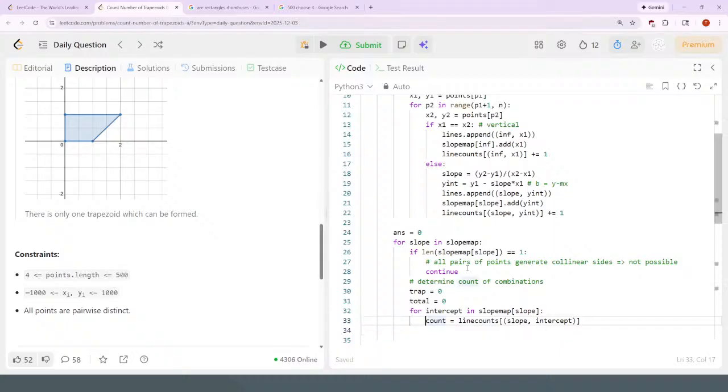So the number of trapezoids formed is going to equal, I guess this should not be 0 here. The number of trapezoids formed will be equal to the count from the lines that are here, times the previous total.